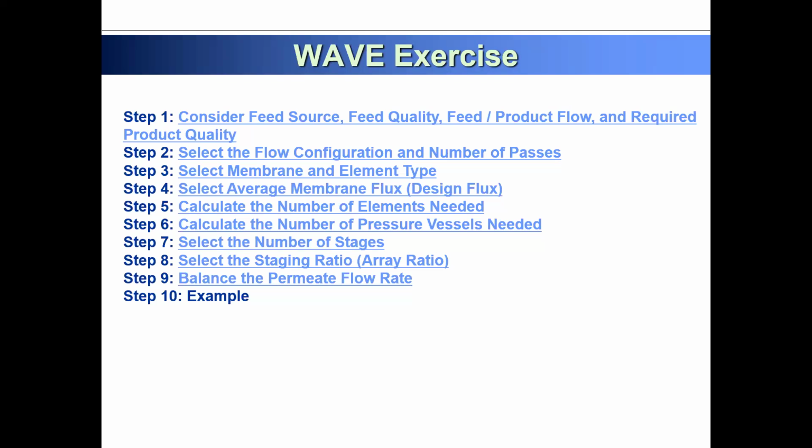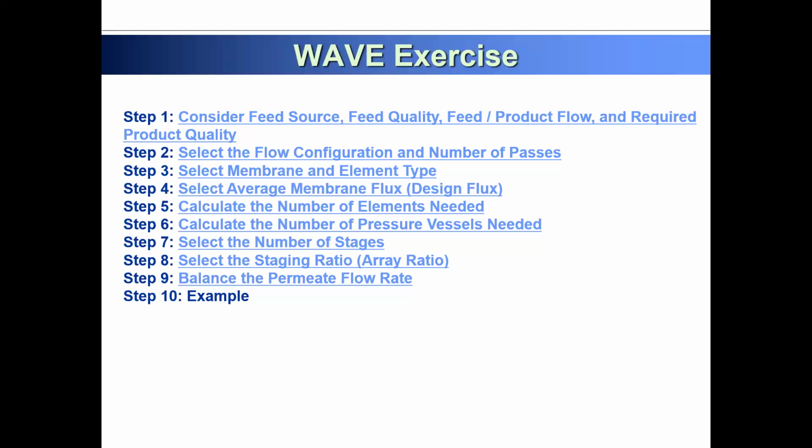So number of stages, why we need this one is increasing the water recovery. You have first stage, second stage, third stage. So you will increase the overall water recovery. Also, staging ratio. So there are several ratios. If you have, let's say, 5 pressure vessels, the staging ratio would be first stage 3 and second stage 2. So if you have more than 10, we can also select an array ratio like 5, 3, 2, depending on how many pressure vessels.